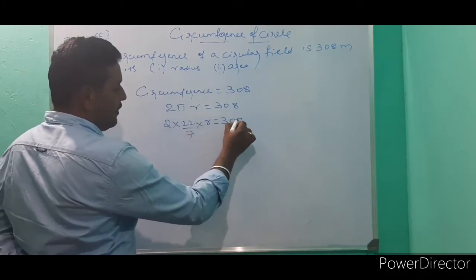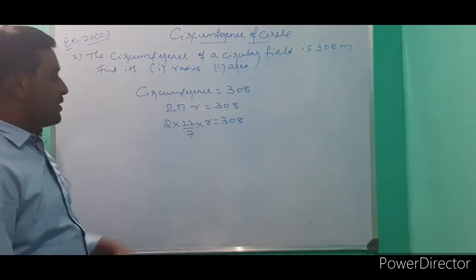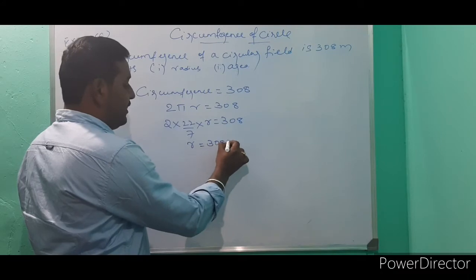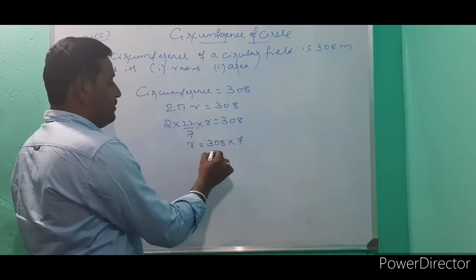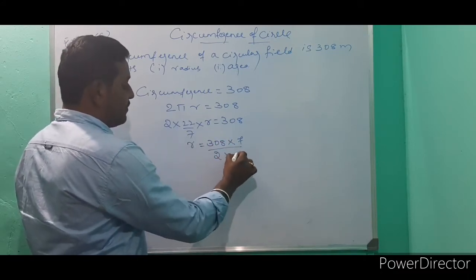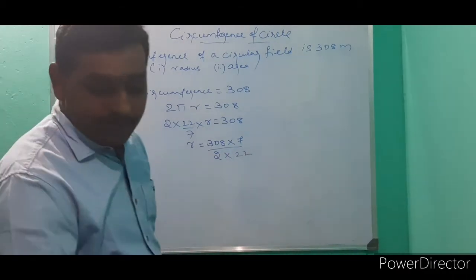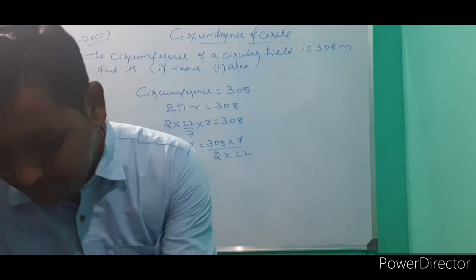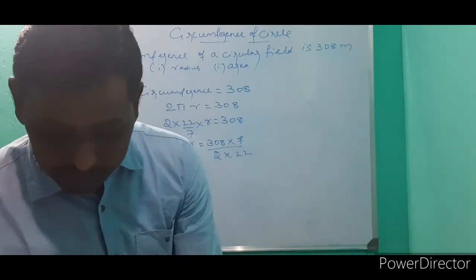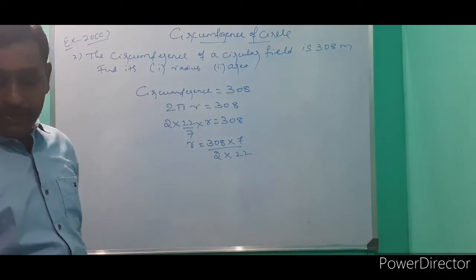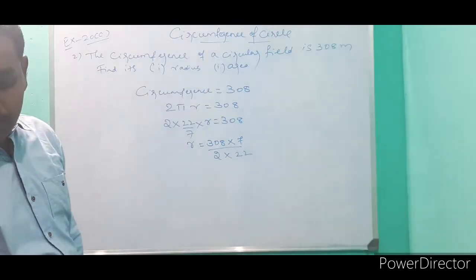Interchange the equation: r is equal to 308 into 7 divided by 2 into 22.